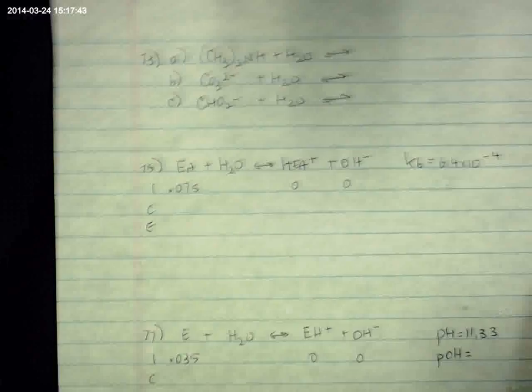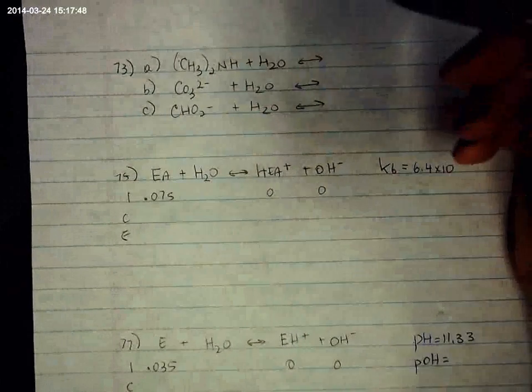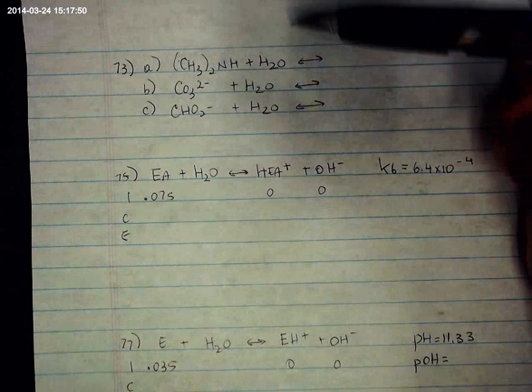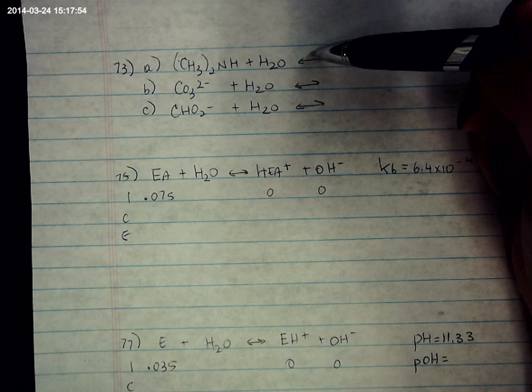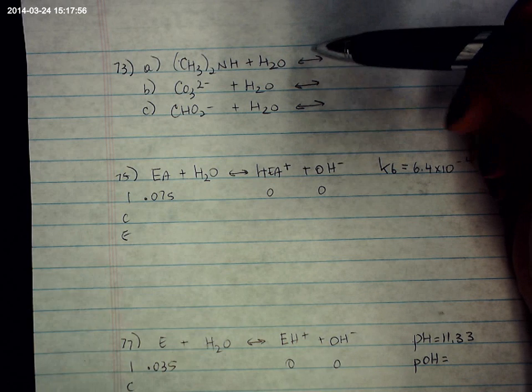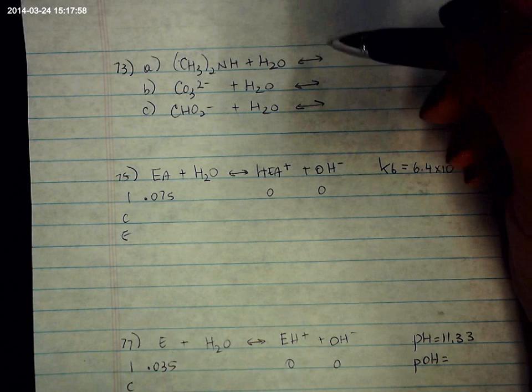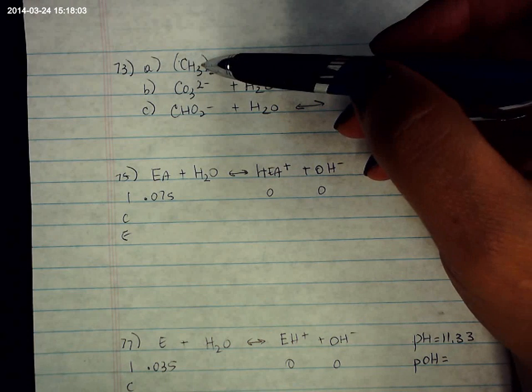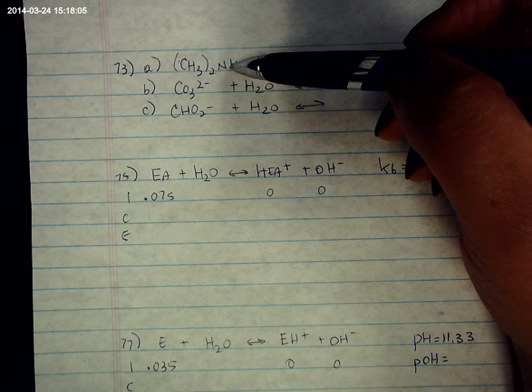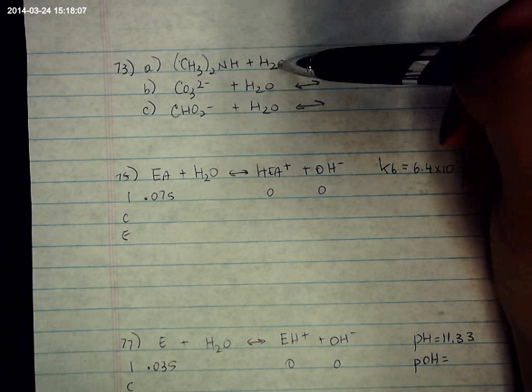Question 73 gives me some chemicals, and they want me to write the chemical equation and the Kb expression for the ionization of these substances. These are bases. If they want Kb, treat it as a base. The Bronsted-Lowry definition is that bases will take hydrogens from water.